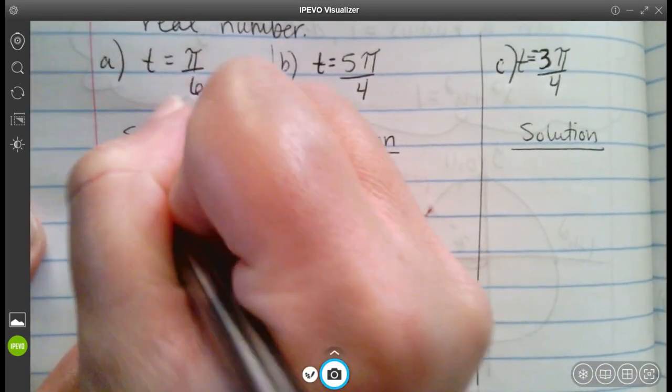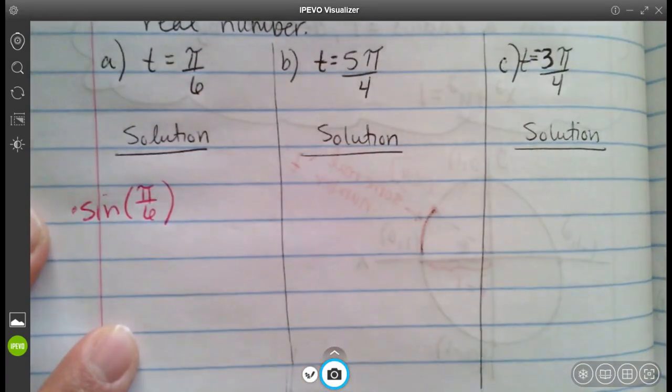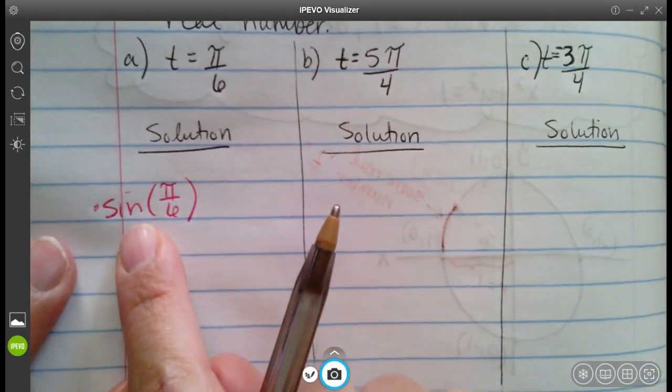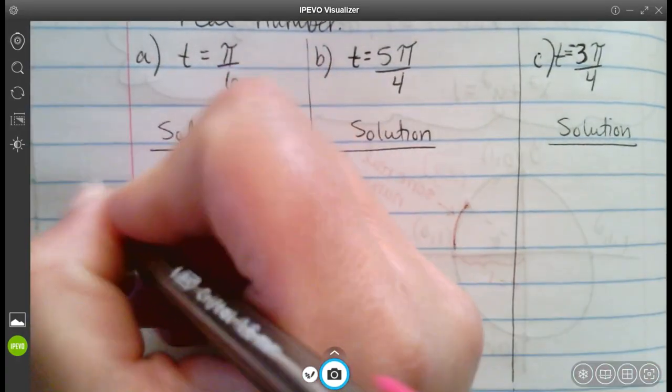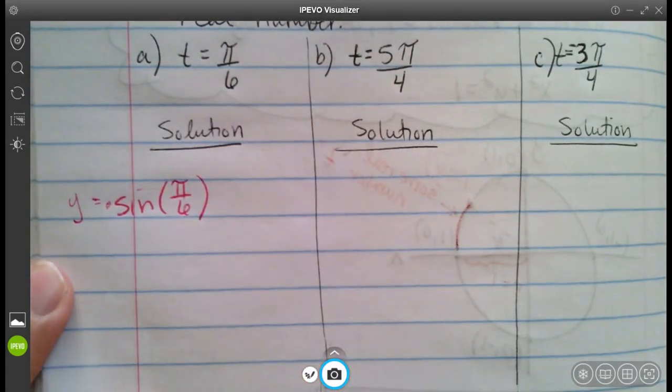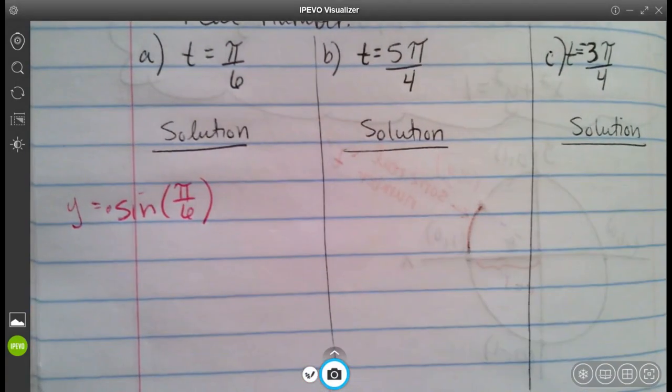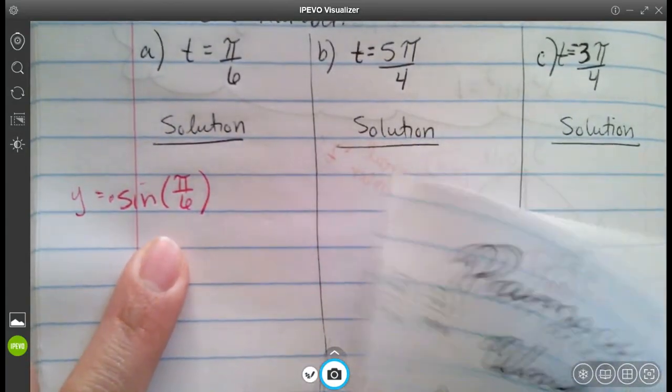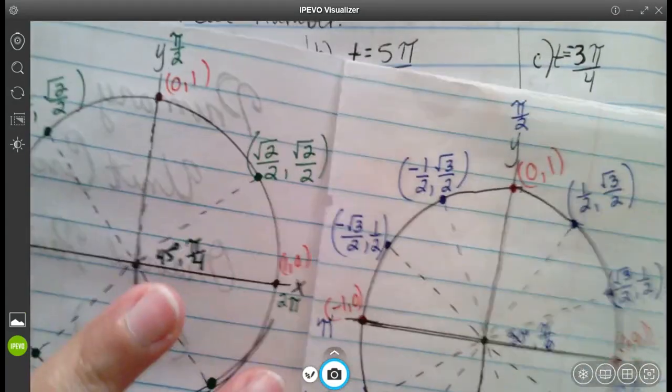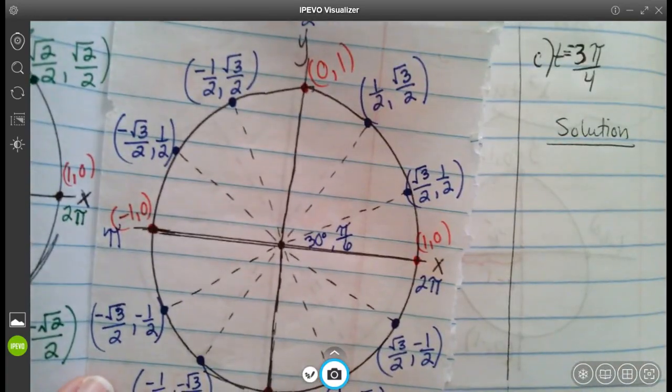So sine of pi over 6. This is supposed to be equal to y. Remember that this is equal to the y. So we're going to look at our little foldable here, and I'm going to look for pi over 6, which I believe is this one. Yes.